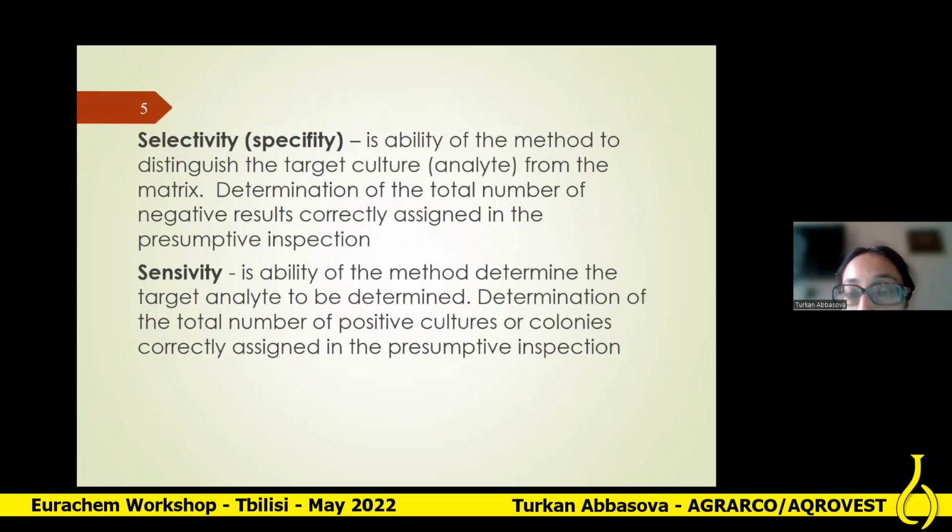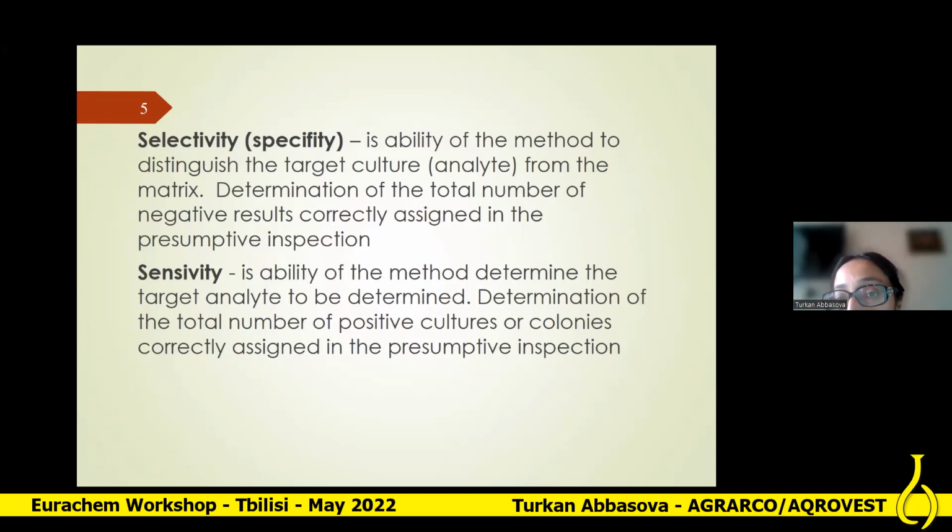Selectivity of the method is the ability of the method to distinguish the target culture or analyte from the matrix. It means the total number of negative results correctly assigned in the principal inspection.